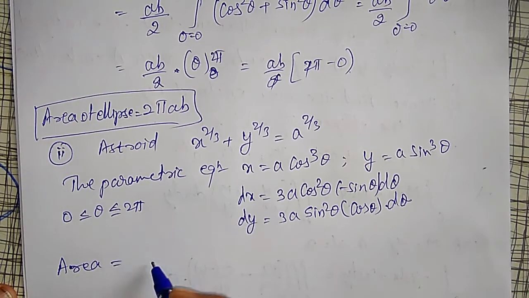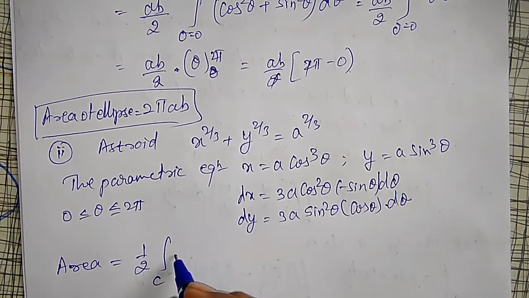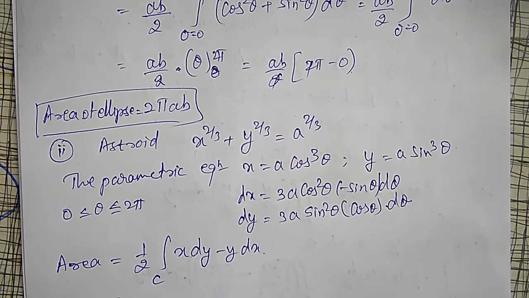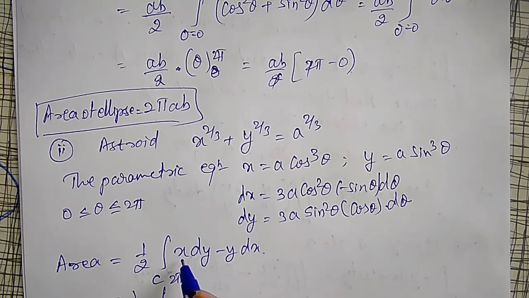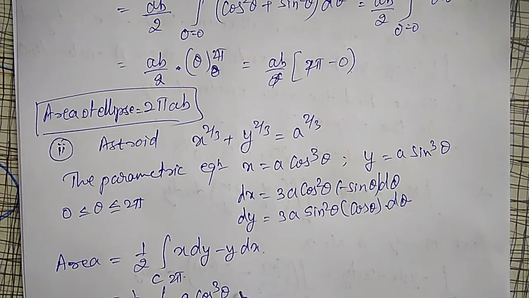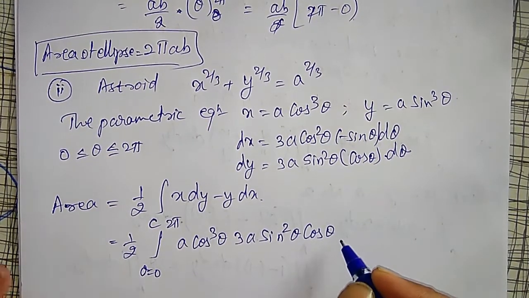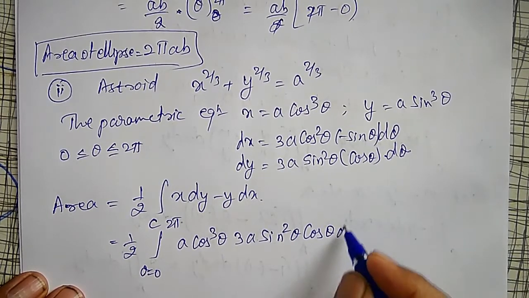Area is equal to 1 by 2 times integration over c x dy minus y dx. 1 by 2 times integration from theta equal to 0 to 2 pi x equal to a cos cube theta into dy is 3a sin square theta into cos theta, okay, into d theta.